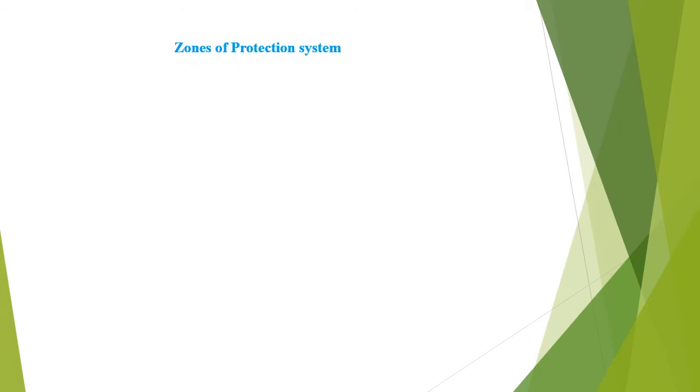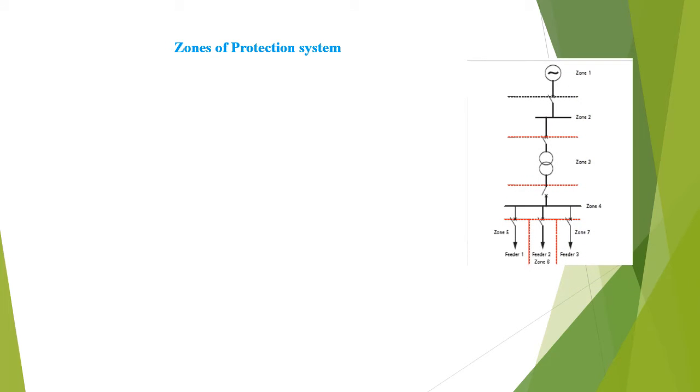Let's look at zones of protection system. This can be represented in a diagram showing all zones. That is zone 1 from the generating station. We have zone 2 having two isolators protecting both the transformer and the generator.